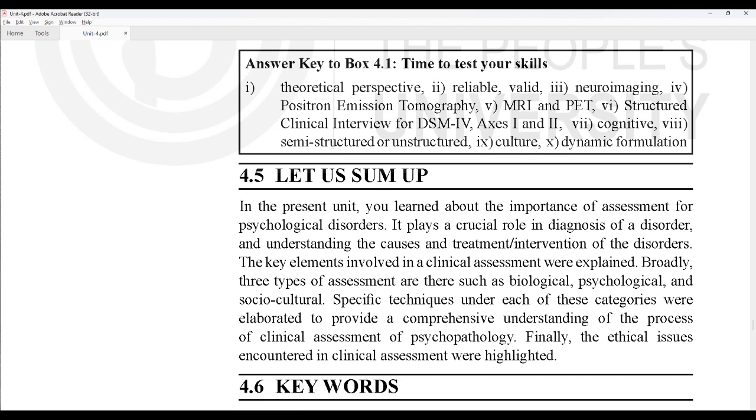Broadly, 3 types of assessment are there, such as biological, psychological, and socio-cultural. Specific techniques under each of these categories were elaborated to provide a comprehensive understanding of the process of clinical assessment of psychopathology. Finally, the ethical issues encountered in clinical assessment were highlighted.